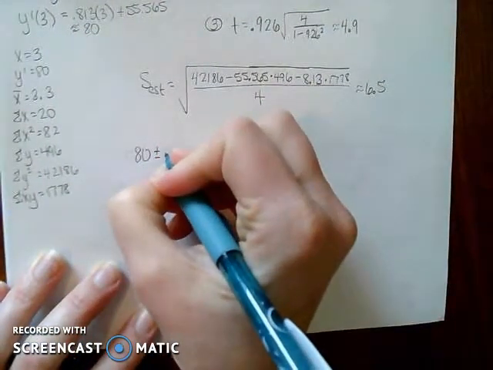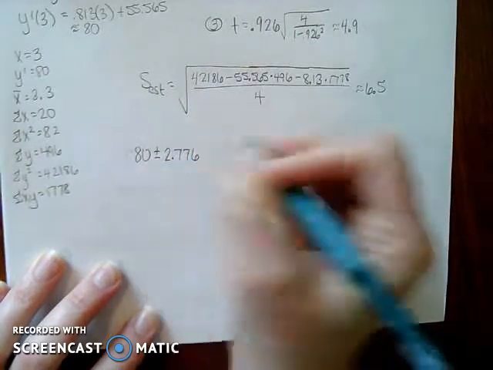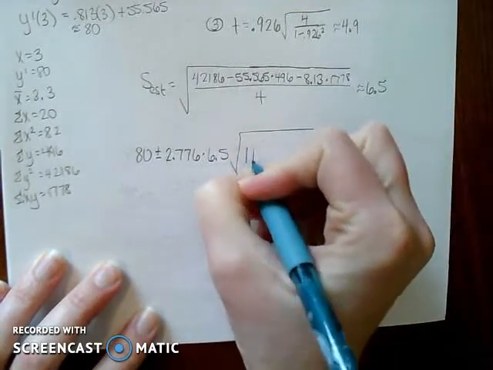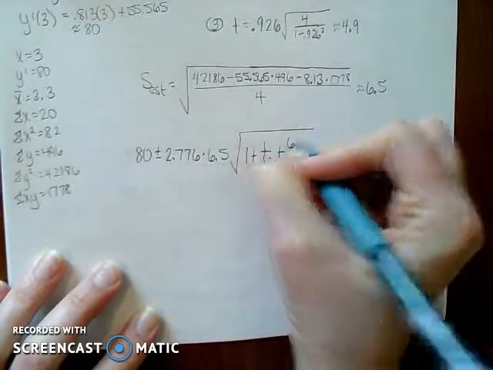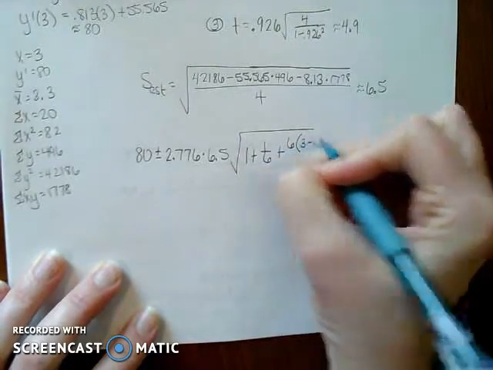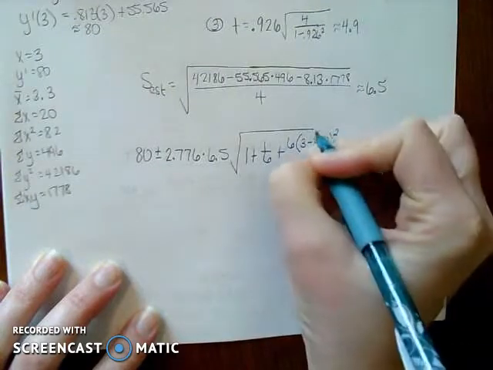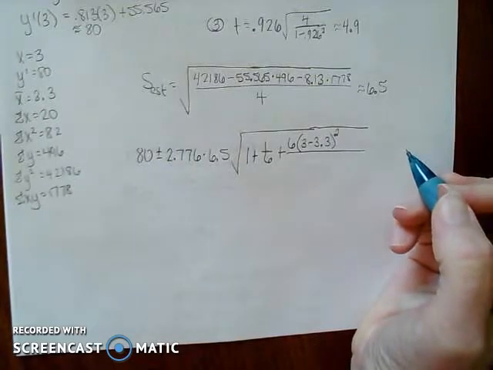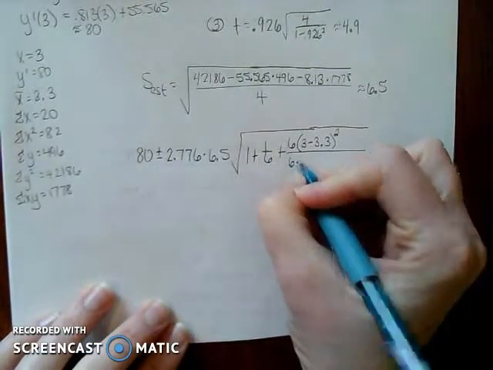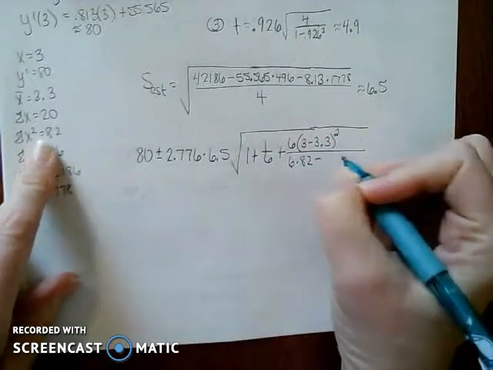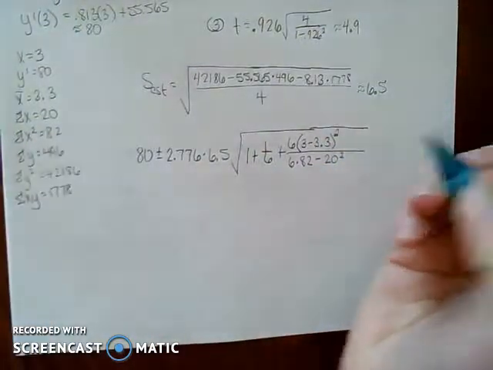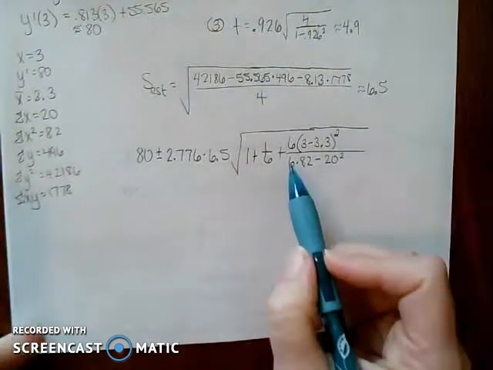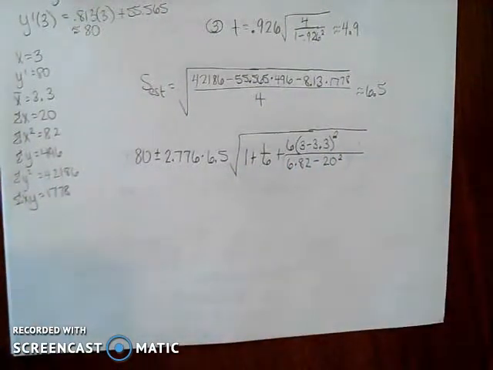Plus or minus 95% prediction intervals, 2.776 times 6.5 times the square root of 1 plus 1 over 6 plus 6 times x, which is 3, minus 3.3, that whole thing squared, over 6 times the sum of x squared, which is 82, minus the sum of x, which is 20, squared. All right. Again, the only extra parentheses you need is around that whole bottom part.